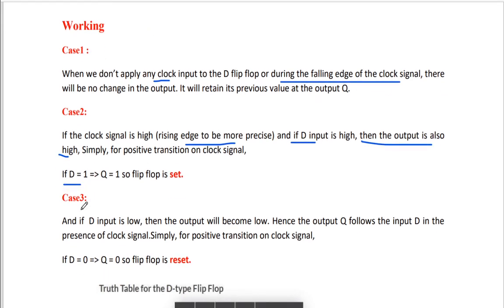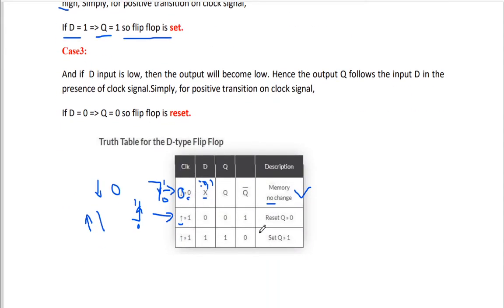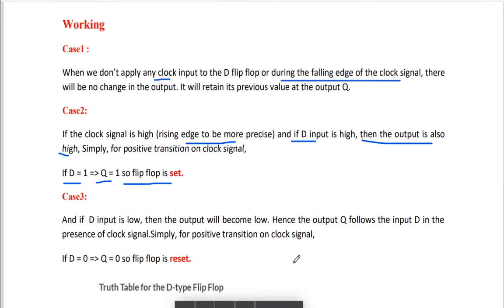That is, if D is equal to 1, Q is also going to be 1, and that state we call a set state. Okay, now when input D is given 1, the output Q is going to be 1 and Q bar is going to be 0, and that state we call a set state.